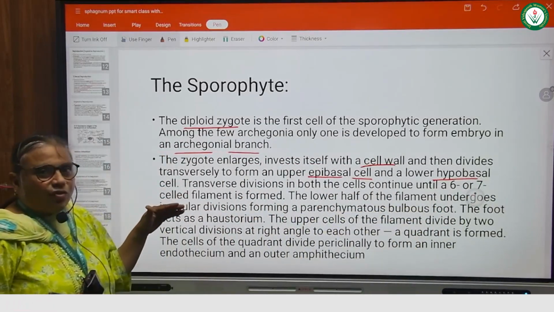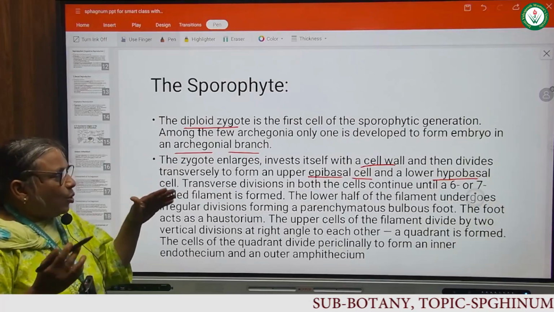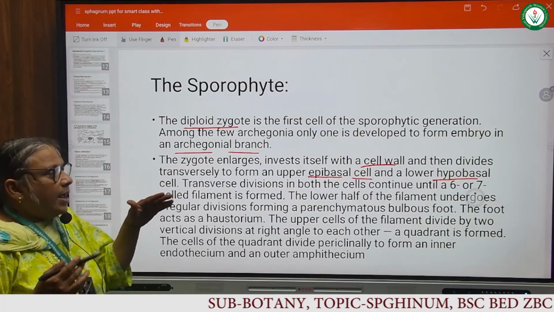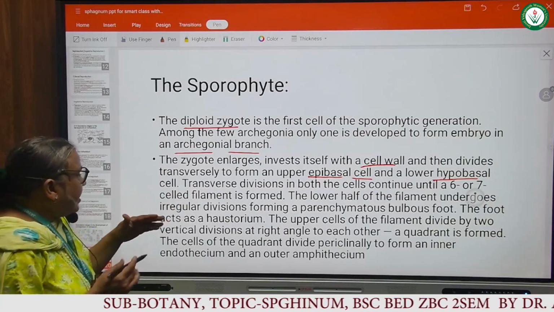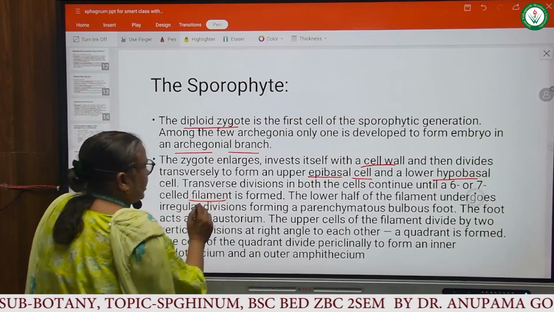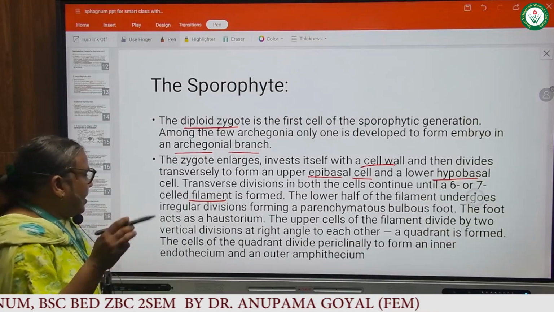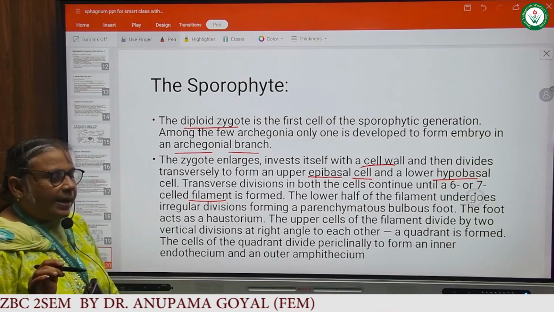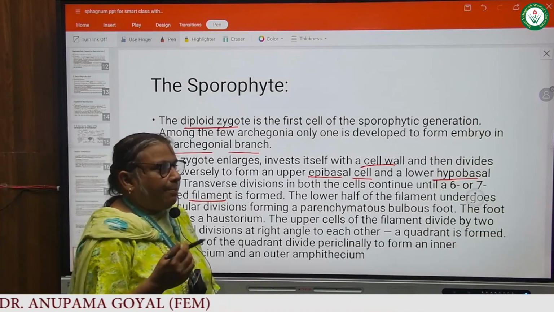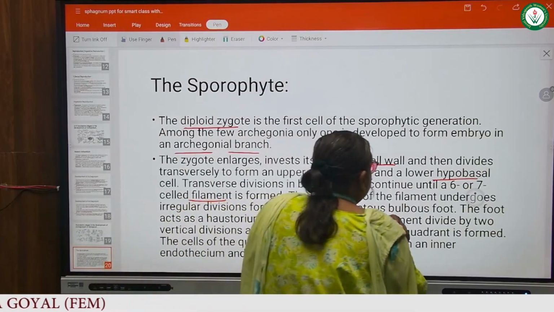Now the transverse divisions in both the cells continue until a 6 or 7 celled filament is formed. The lower half of the filament undergoes irregular divisions, forming a parenchymatous bulbous foot.